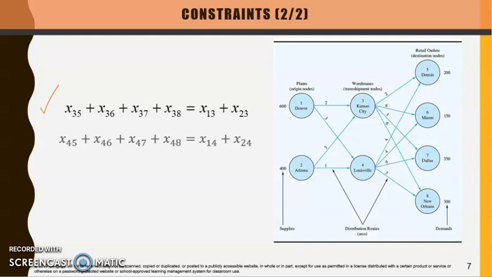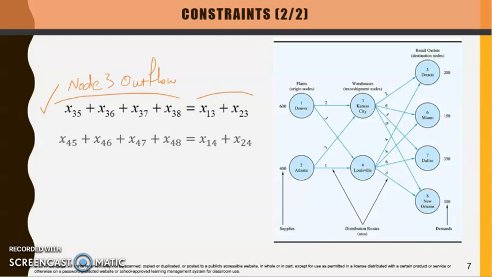Here, x35 plus x36, check it, 35, 36, 37, and 38. So you see they are outflow. I write here node 3 outflow.